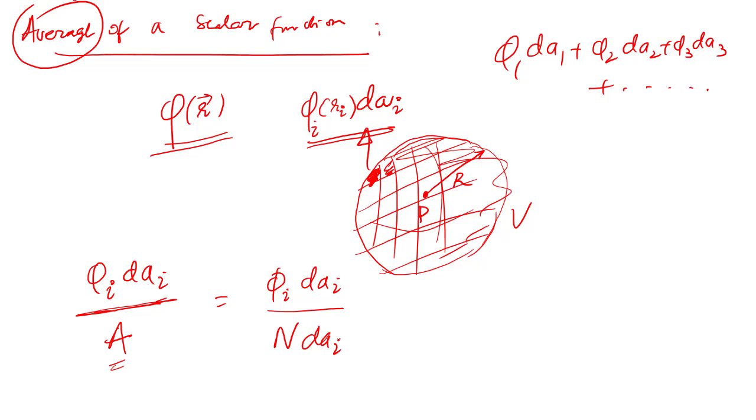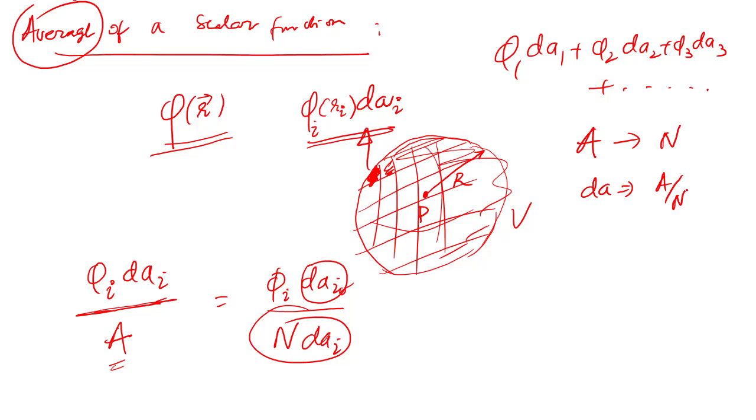If you were to choose all these tiny pieces with the same area, then n times dA, you are dividing the total area A into n parts. So each part dA is simply A by n, right? So then this would give you phi i over n, and this i is summed over, because we are repeating the index.